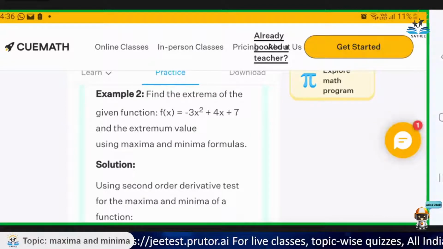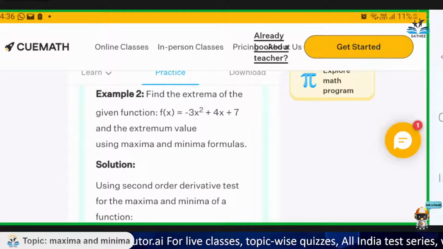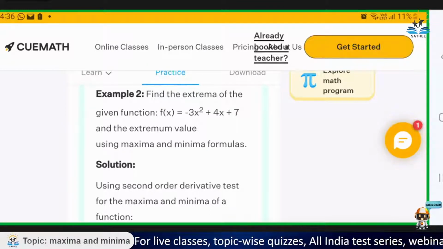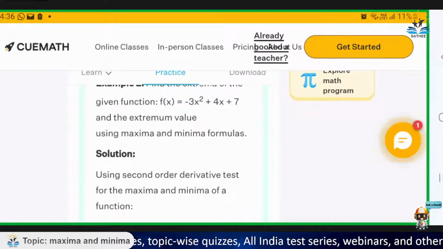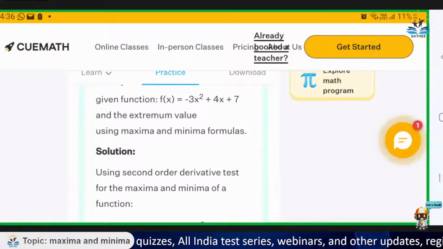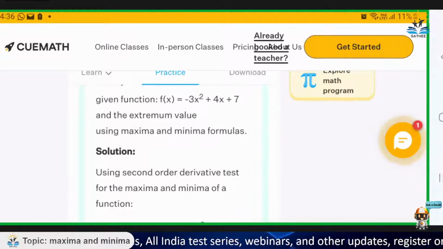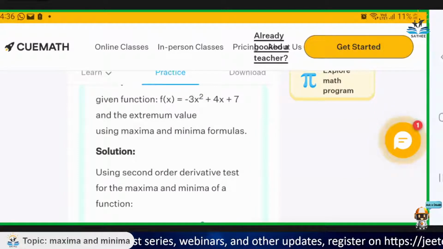So we see this is a quadratic equation, and this is a downward parabola. So we can surely make the graph for this, and after making the graph, we find that there is no absolute minima. There exists an absolute maxima. So we would be reporting the absolute maxima for this.